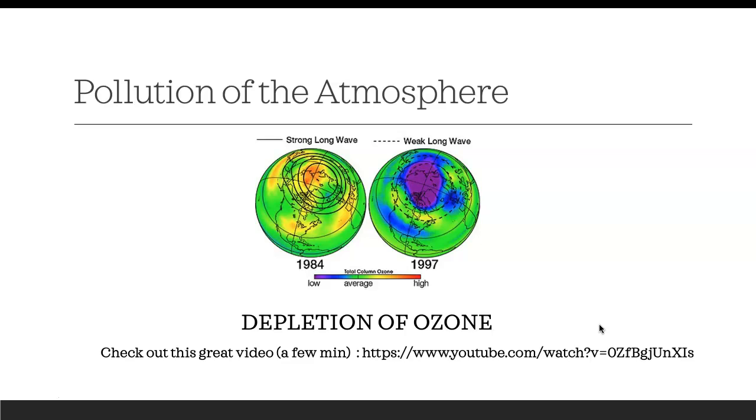Those chemicals can actively react with ozone in the stratosphere. That's why we experienced the great depletion of the ozone layer. But after we phased out those chemicals, the ozone layer has greatly recovered, but it's still on the way.